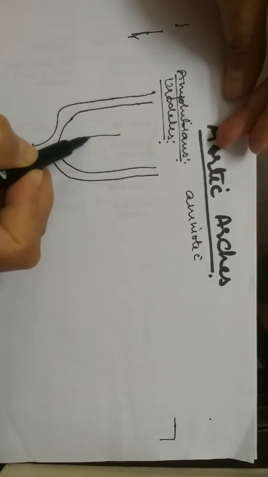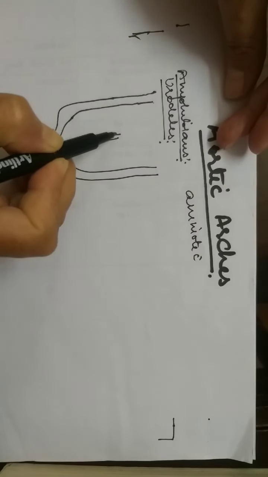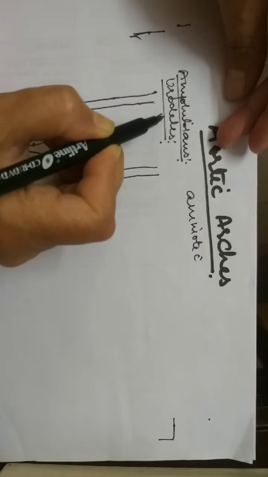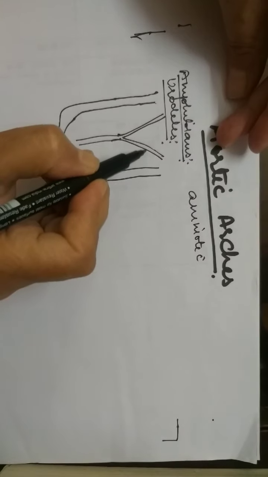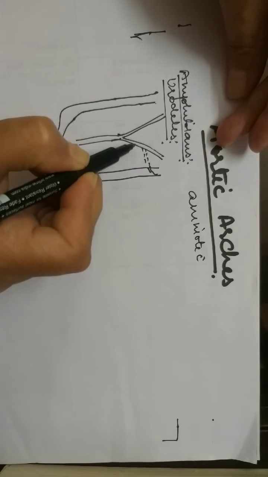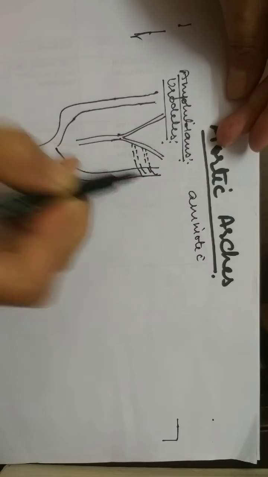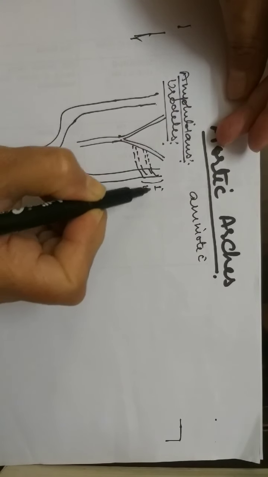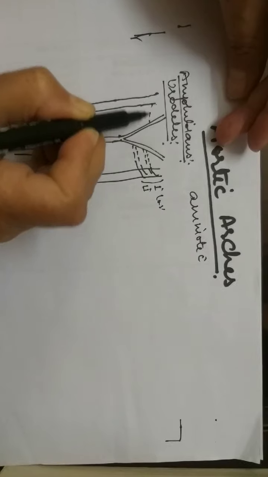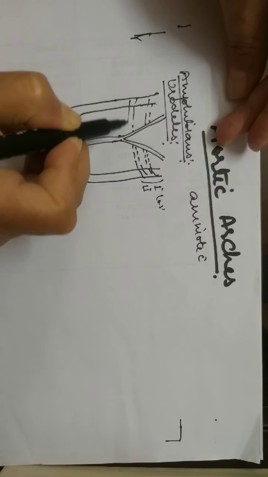Here is the ventral aorta, which is splitting anteriorly into two parts. As I said, the first and second are lost. Similar thing you can make on the other side also.